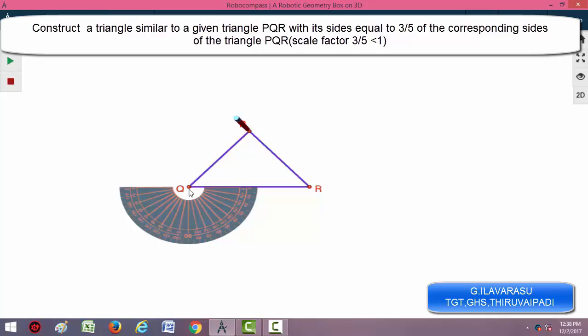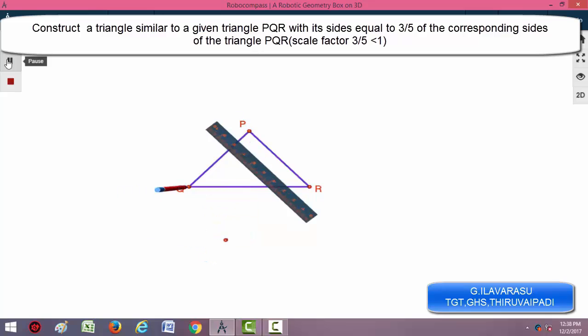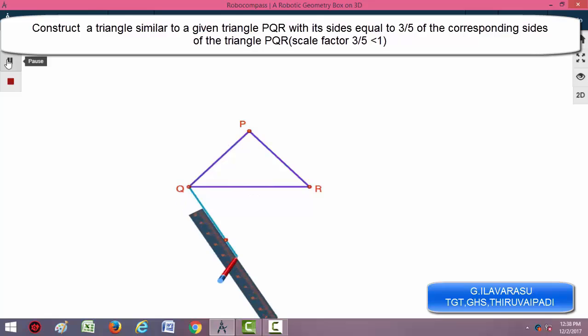Let's draw a 60-degree angle downwards. So draw that ray line, and extend it.